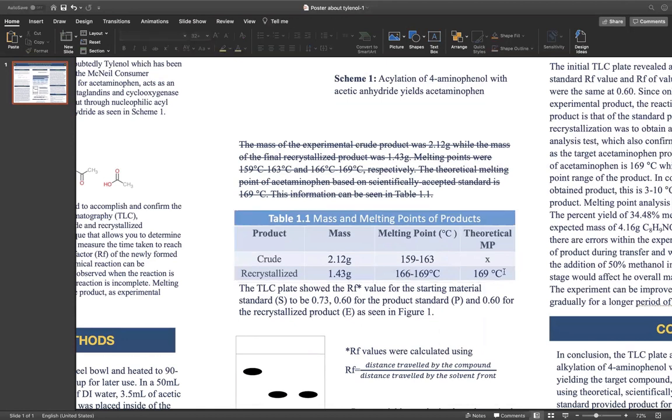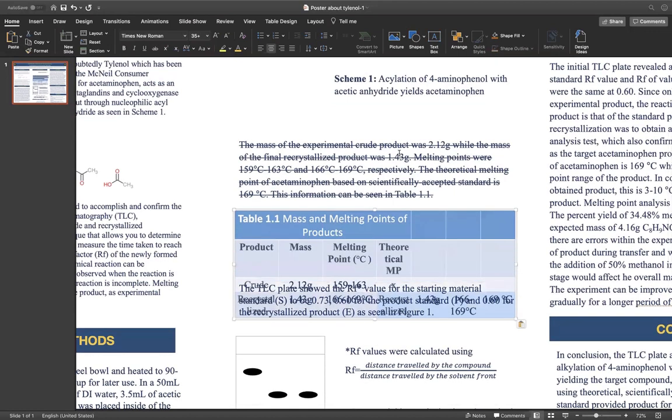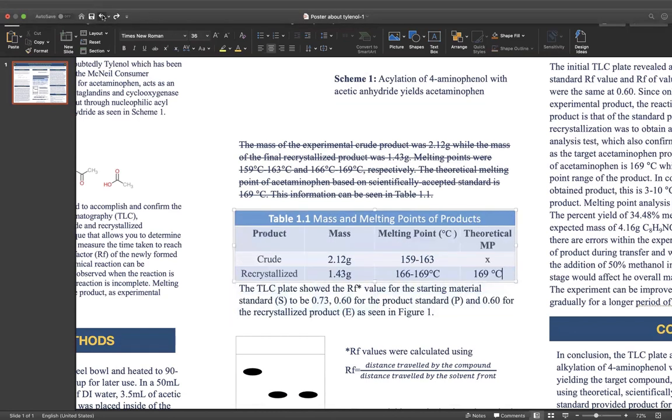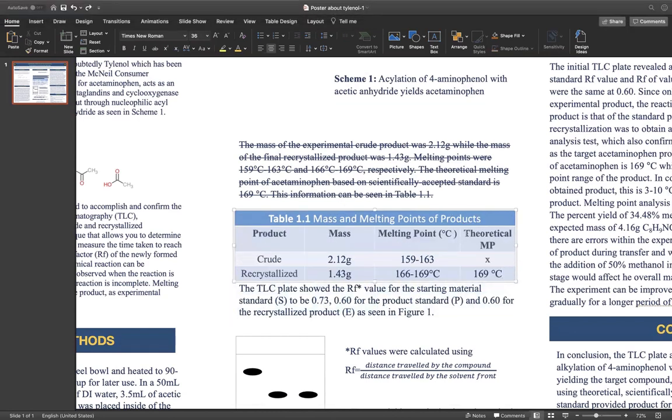Oops, I need to add another line. Anyways, they could have moved that theoretical down right after recrystallized, and then input what your theoretical mass should have been, right? And what the theoretical melting point would be, right?